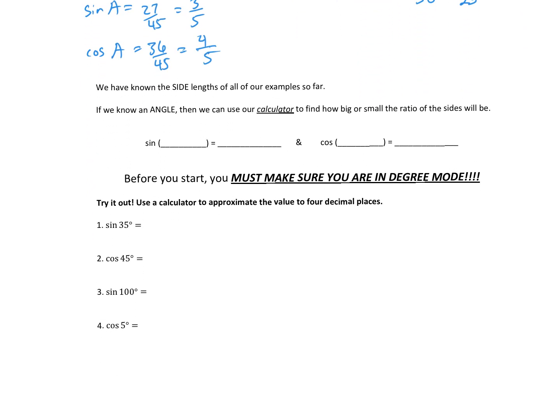Okay, next, we know the side lengths of all four angles so far. If we know an angle, then we can use our calculator to find the ratio, the big or small ratio of what it can be. So we're just using our calculator. And we want to round it to the nearest tenth.